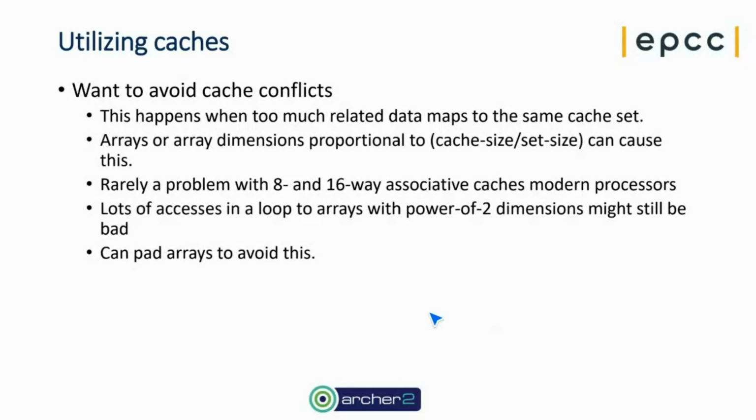This used to be problematic. These days, most of our caches are 8-way or 16-way associative, and the chances of you having any problems are pretty low. You need to be accessing a lot of different arrays in the same loop to run into any difficulty.